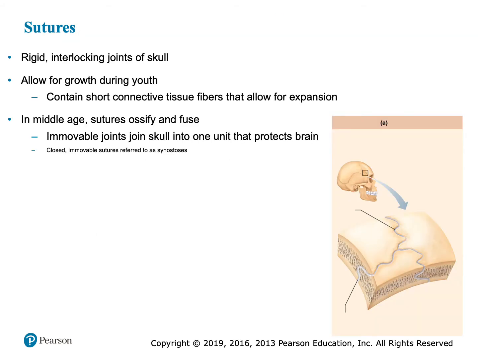They're all locked together, but they're not locked together when that skull's still growing, right? We need the brain to have room to grow, so they're not linked and they shift a lot, and that allows for the bone to grow and the brain to grow. But it's going to end up fusing together because we're done growing, and we need to be sure and have good protection on that brain.